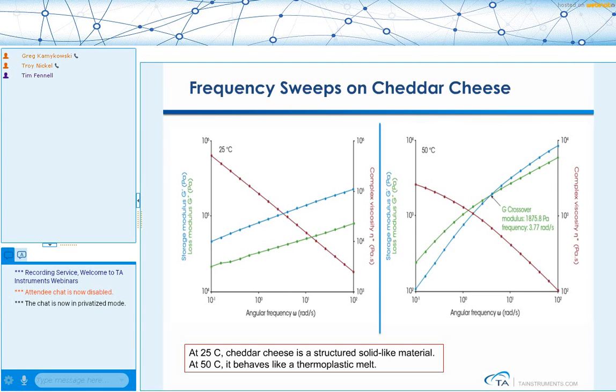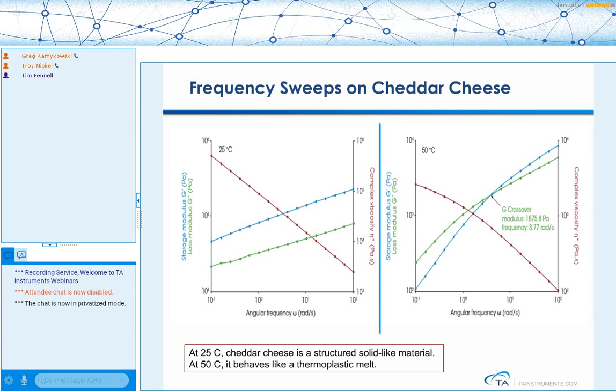We are seeing a change, but it's certainly not as dramatic as what we see when we go up to 50 degrees C. So it's a regular descent, as opposed to how the material behaves at 50. We see that the storage and loss modulus dropped very significantly, and eventually we would expect the storage modulus to drop to zero.